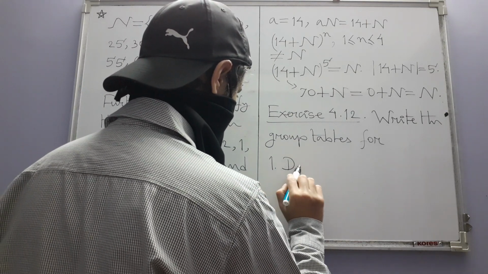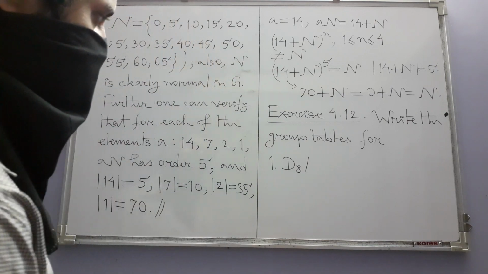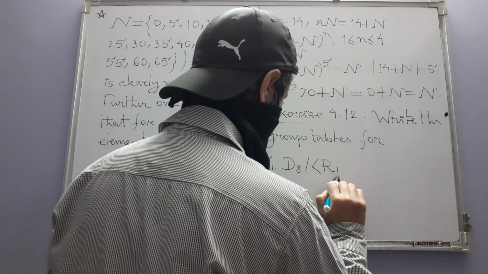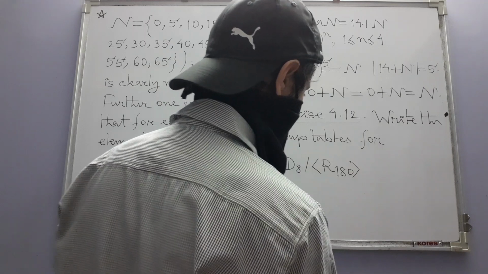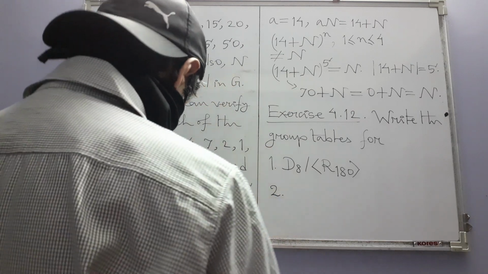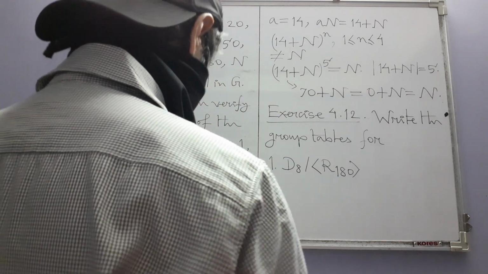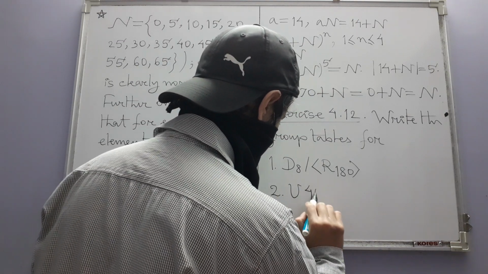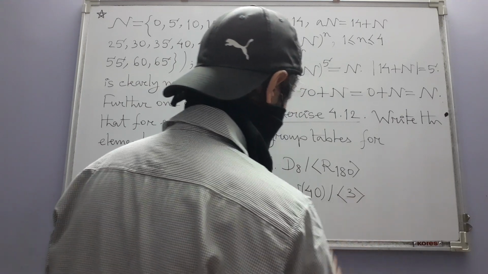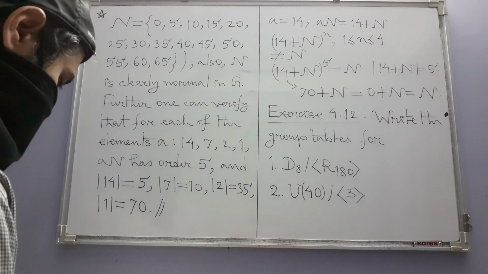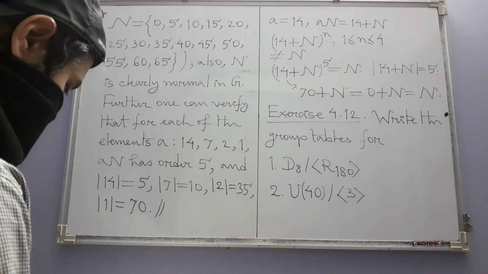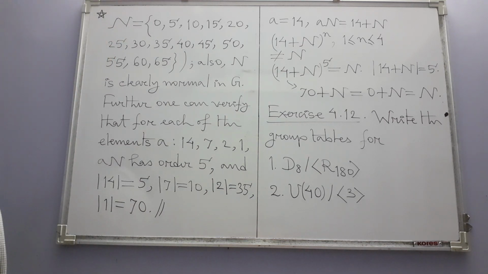The first one is the factor group of the dihedral group D8 factored by the cyclic group generated by this rotation R180, and the second one is this group U40 factored by the cyclic group generated by the element 3. Okay, so let's now calculate this.